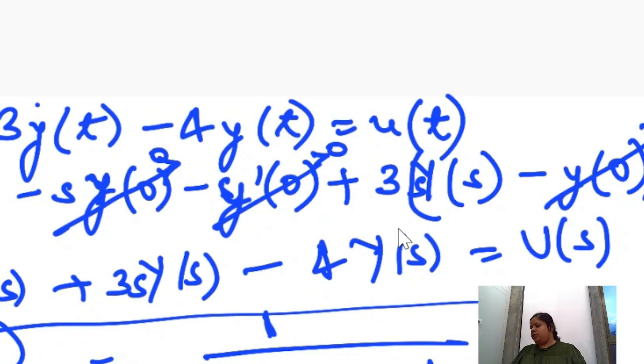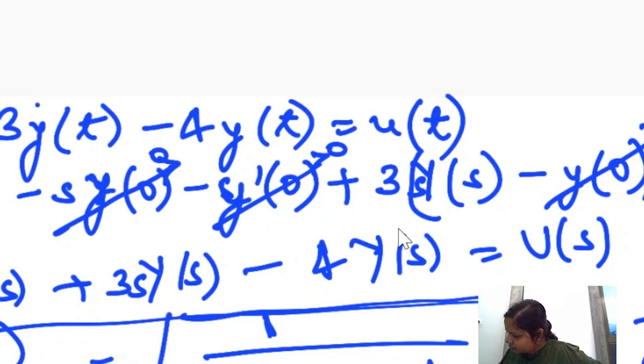Now what I want is the value of the output as time tends to infinity, so I want you to solve this part of the equation. 1 upon s square plus 3s minus 4 can be written as 1 upon (s plus 4)(s minus 1).